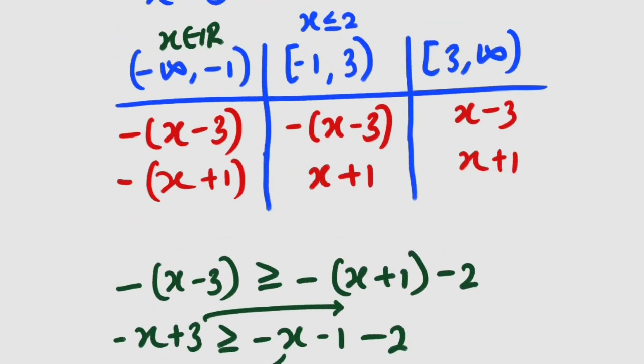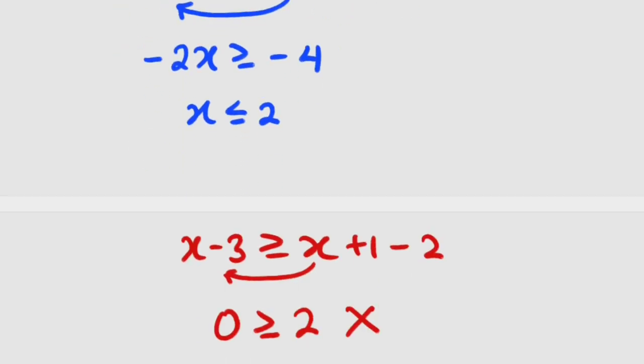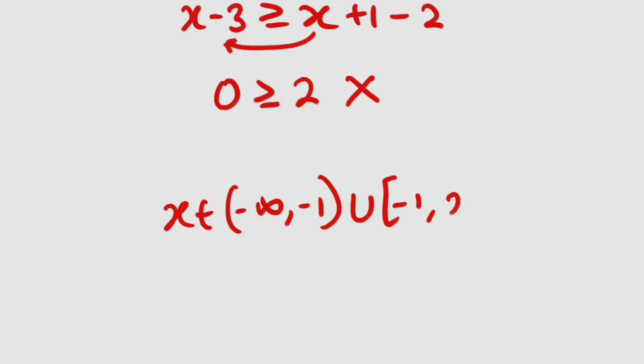So where do we have solutions? We have solution between negative infinity down to negative 1, considering x as real in that interval. Then we have from negative 1 down to 2, because you know that 3 is greater than 2, so we are going to consider this one. So our solution would be x belongs to the set of values from negative infinity down to negative 1, union from negative 1 down to 2.